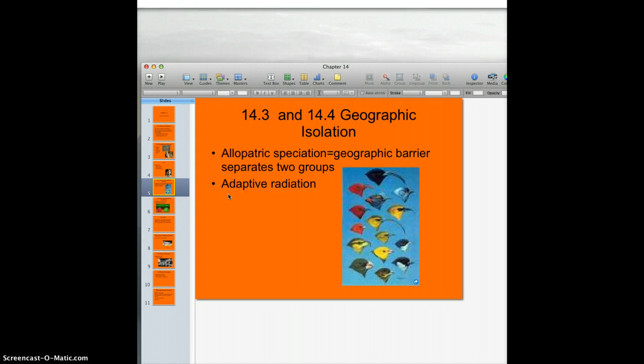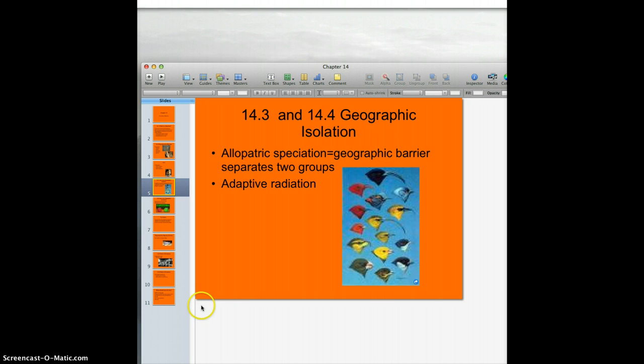So, in order to make separate species, sometimes you have to isolate two separate groups of the same species, and over time they can develop into different species. If you look up here, allopatric speciation is when there's a geographic barrier.